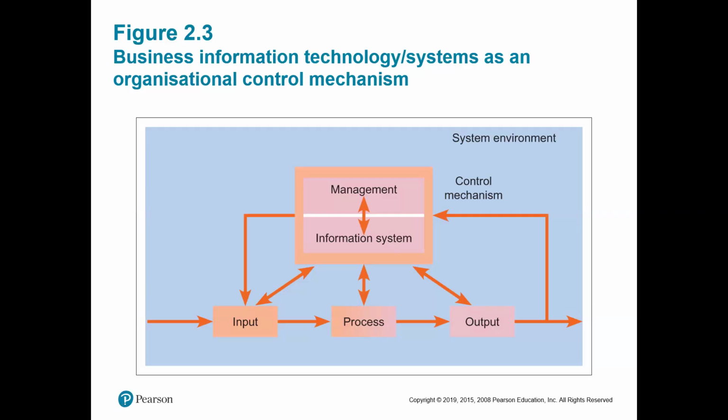So the system environment, control mechanisms which are inputted into the information system, and then through the processing, the information system is also able to give management an idea of what decision to make, and then based on their decision they can input something into the system and then process it to get an output. Right, so these components are interrelating, they are working together to help an organization achieve its goal.